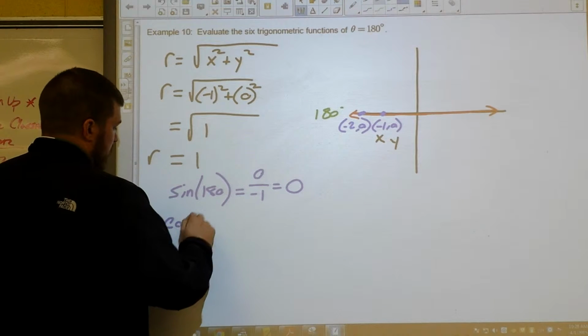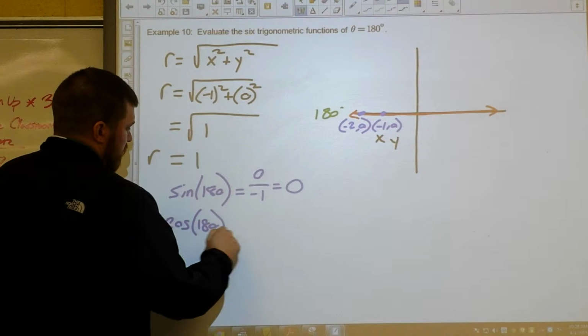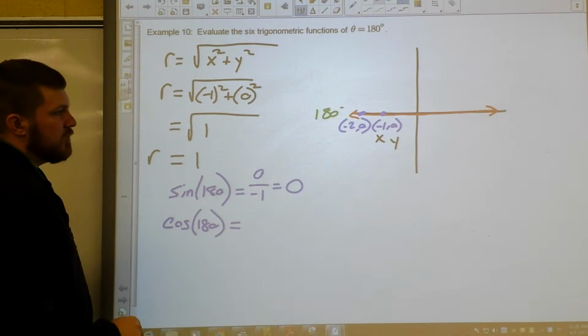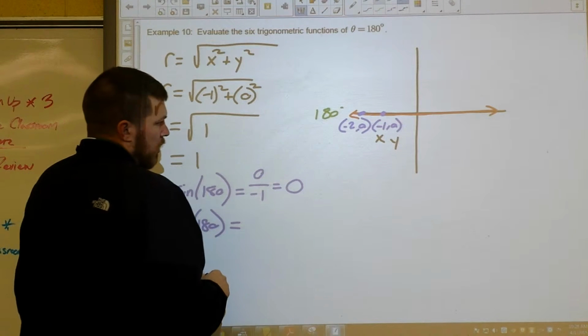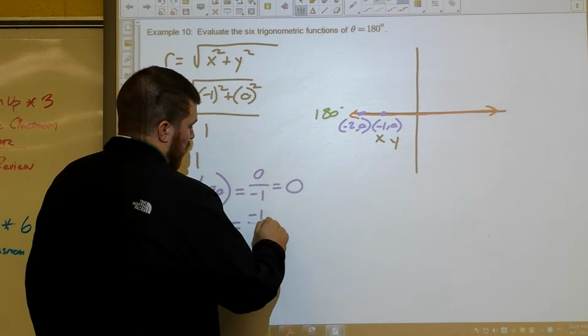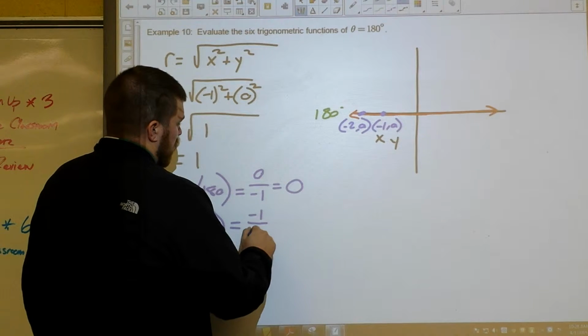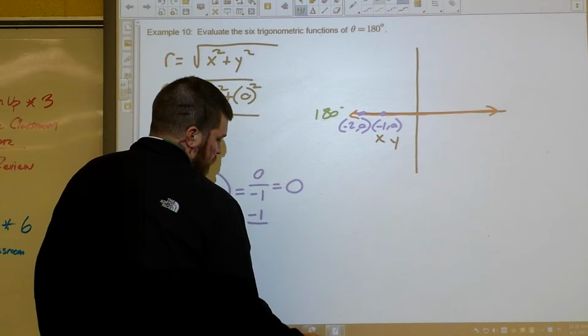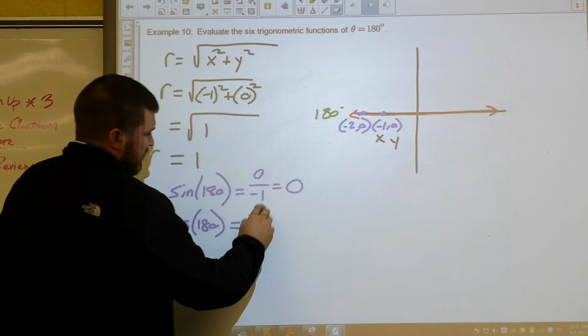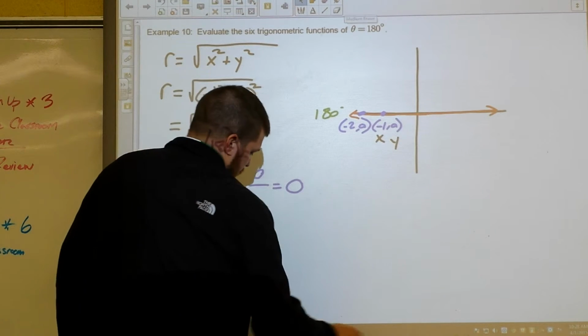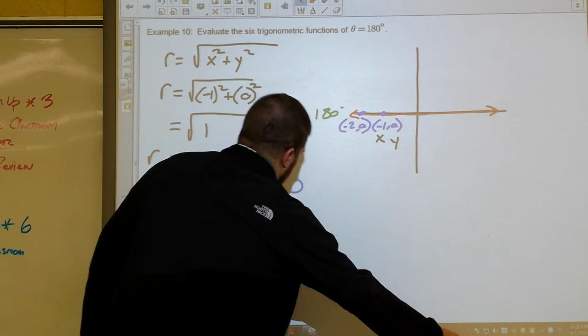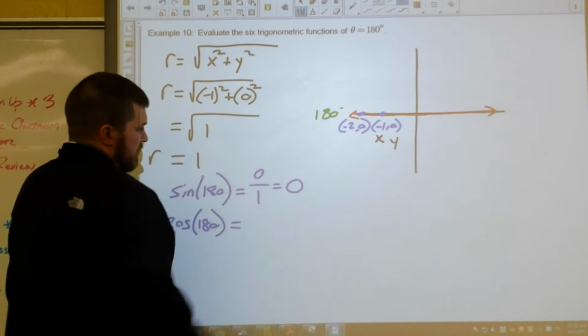Cosine of 180 is going to be x over r, so negative 1 over... And actually I messed up here, my r is positive 1. I don't know why I put negative 1. It doesn't really matter because 0 over 1 is still 0.